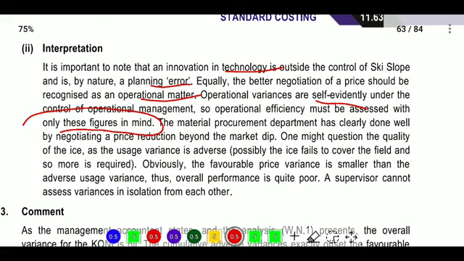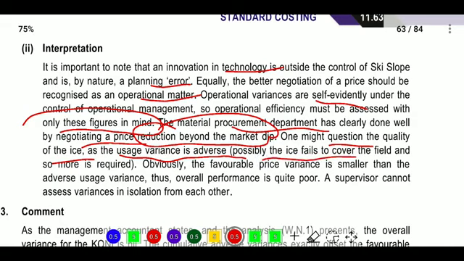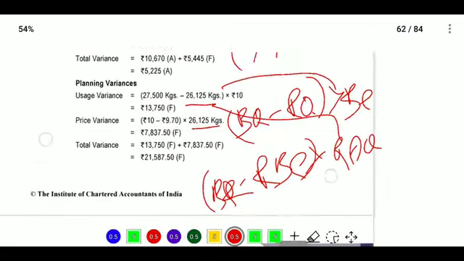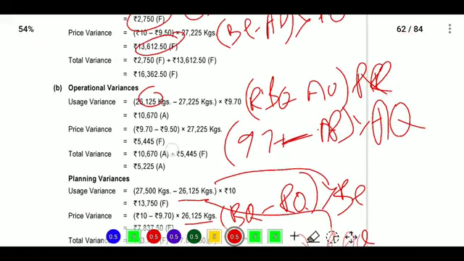The material procurement department has clearly done well by negotiating a price reduction behind the market dip. One might question the quality of ice, that is the usage variance is adverse, where it is possible that the ice fails to cover the field. So we have an adverse variance here, so it is an operational variance.